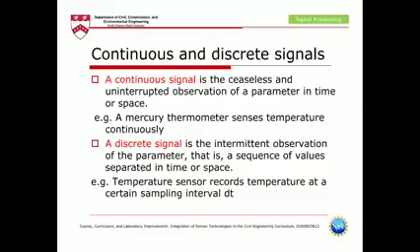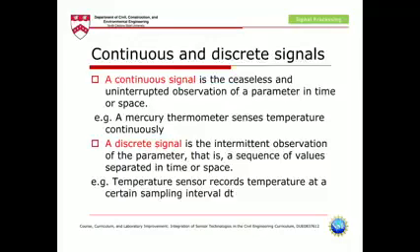Continuous signal means it happens every second; it gives the reading continuously. In a mercury thermometer, it senses the temperature and gives a continuous reading. It will not give the reading in 5 minute or 1 minute durations.